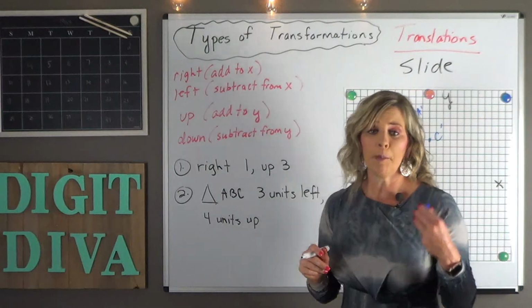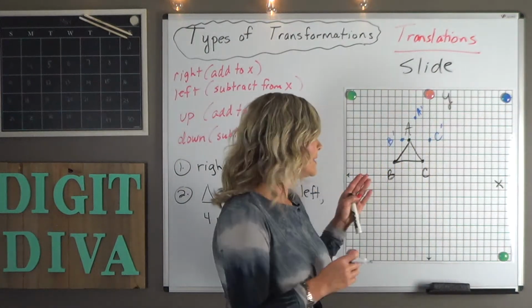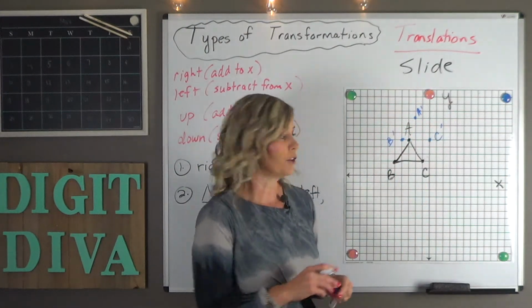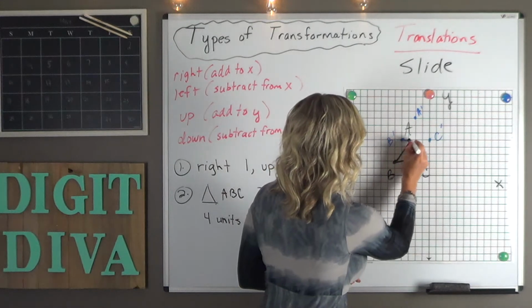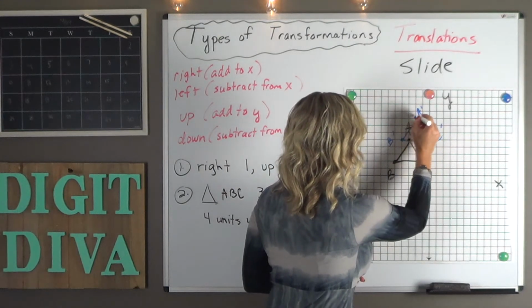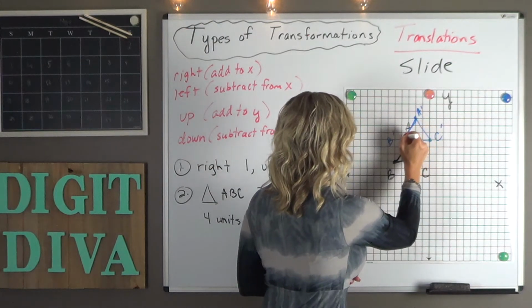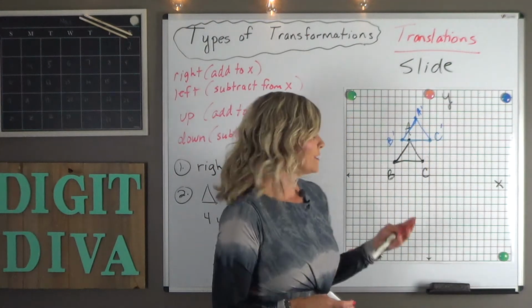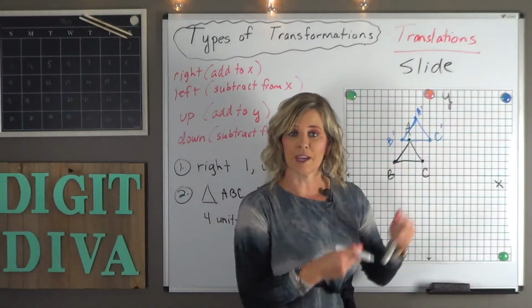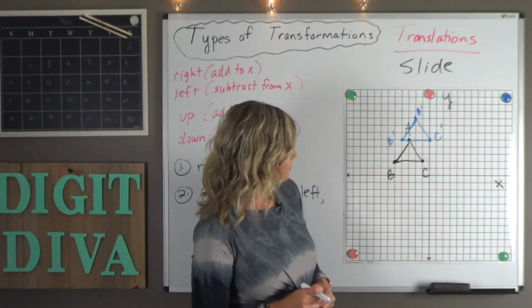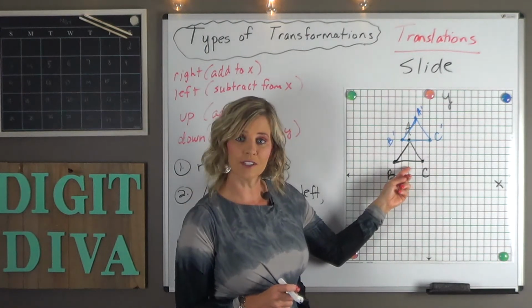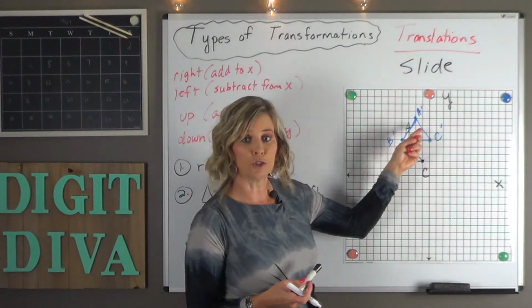Now that apostrophe simply means that this is going to be the new figure, okay? So if I connect my points, I have a nice blue triangle, the new shape, the new image. This is the pre-image, the original. This is the new image.